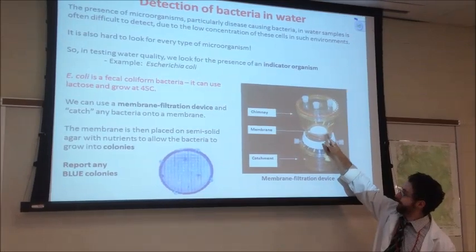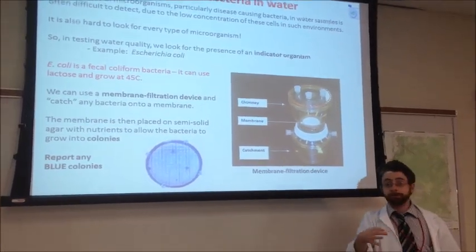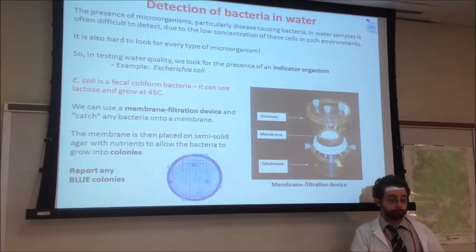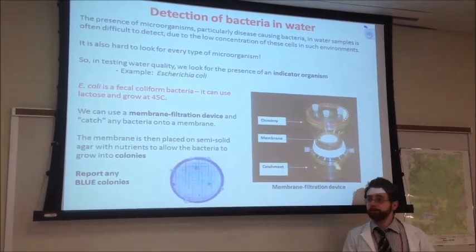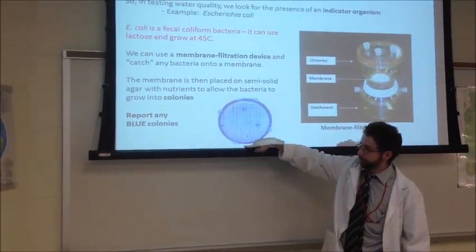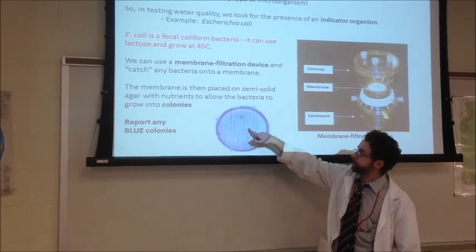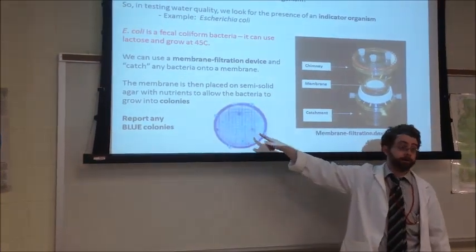You subsequently take that membrane and you put it onto an agar plate, just like you did several weeks ago. That agar plate will be incubated for 1 to 2 days at 45 degrees, and then you look for the presence of blue colonies.